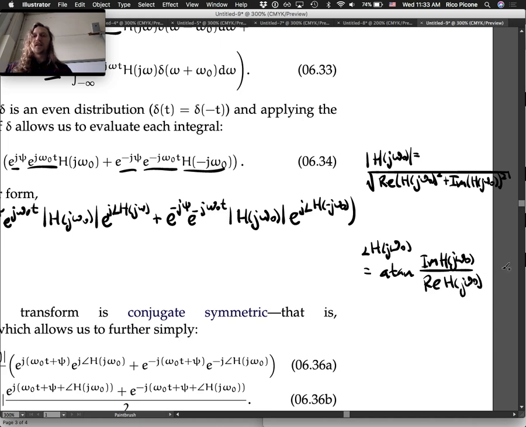And if you forget this, it's totally fine. Just draw the complex plane, real, imaginary, and this is your angle, and this is your magnitude, right?